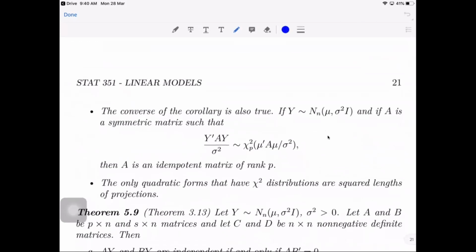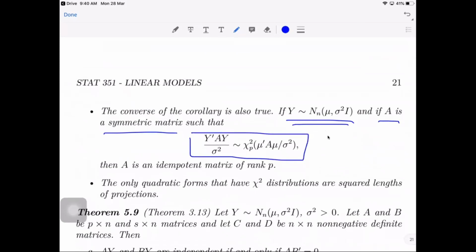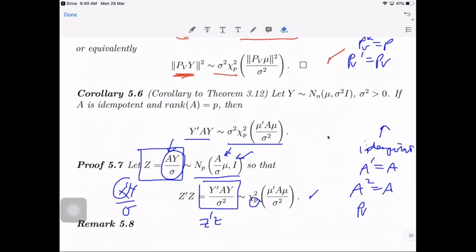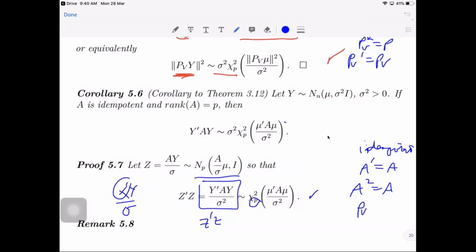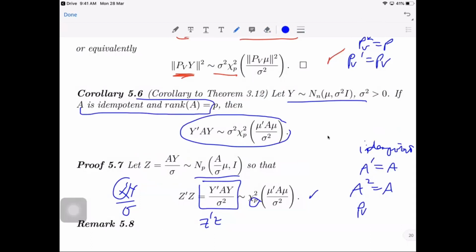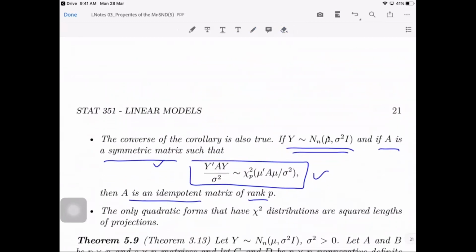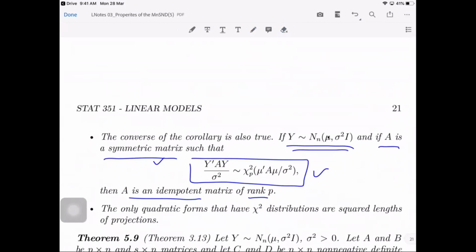That is, if Y is normally distributed and A is a symmetric matrix such that this is satisfied, then A will be an idempotent matrix of rank P. So the converse of that corollary: you assume this, and you show that A is idempotent and of rank P. So it can be an if and only if statement.